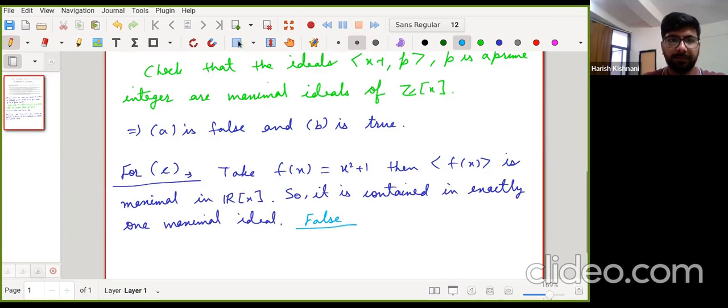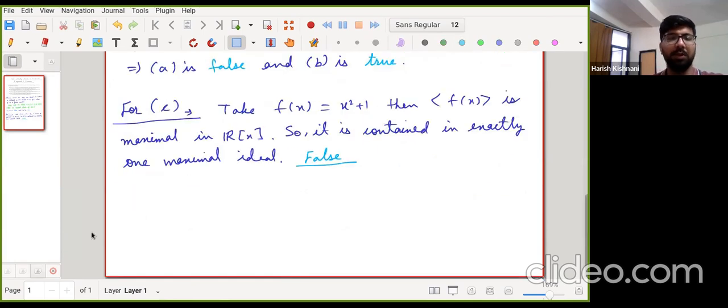Now the fourth says that for any polynomial, the ideal generated by f(x) is contained in at most two maximal ideals. So even this example doesn't contradict the D part, and we are going to show that the D statement is actually the correct statement.